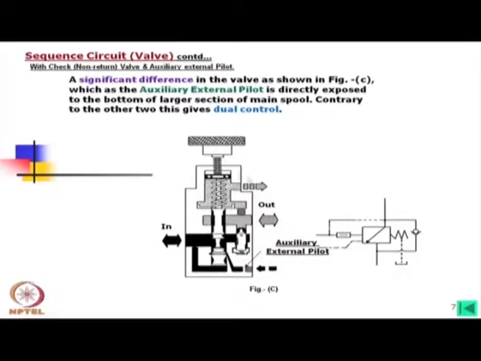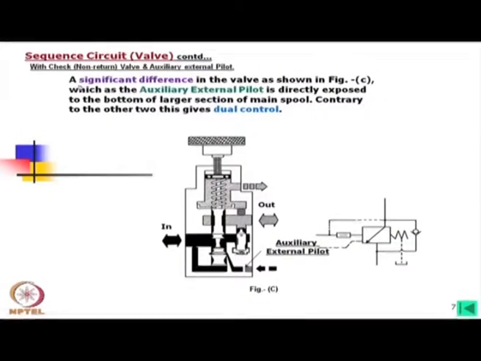This means that we can change the sequence norms. That means whenever we need, we can externally operate that, and we can also operate the cylinder B not in sequence or according to our desire, but according to our desire.